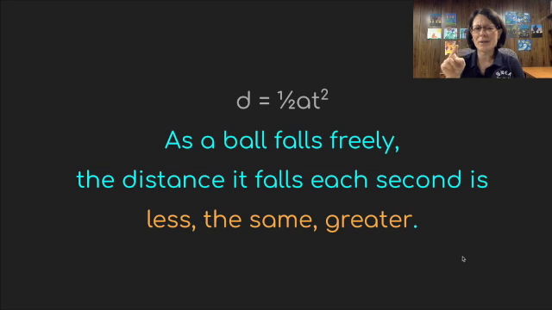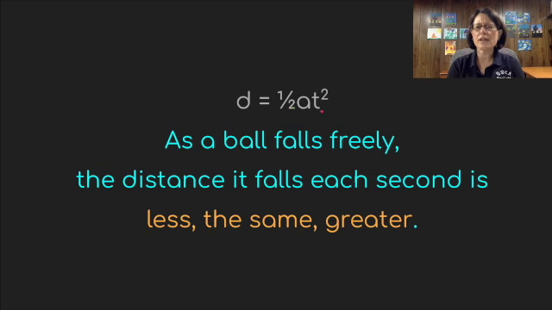So I want you to think about this. As a ball falls freely, the distance it falls each second is less, the same, or greater. Let's look at the equation. We're talking about time here. Okay, so let's just pretend that the half and the acceleration don't even exist.